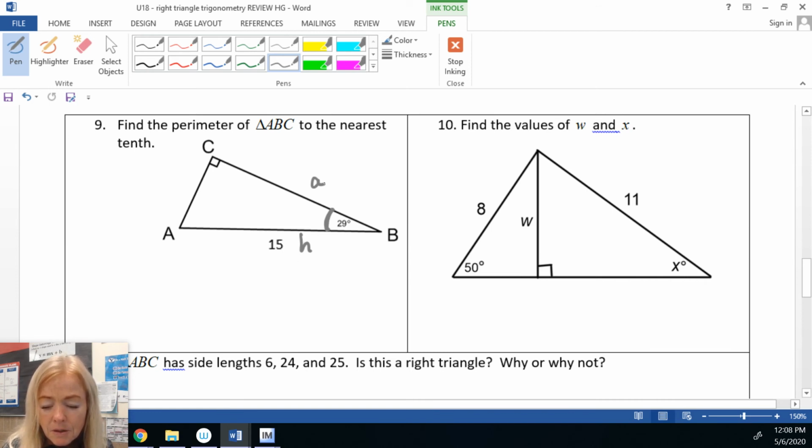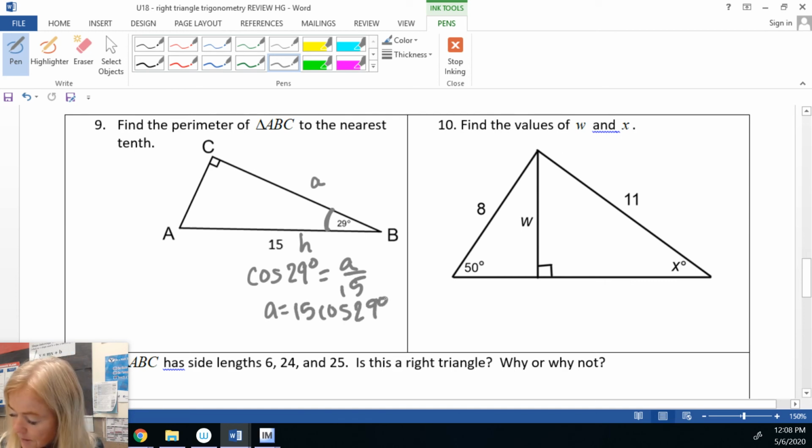So the cosine of 29 degrees is equal to adjacent over hypotenuse. So A is going to be 15 times the cosine of 29 degrees. 15 cosine 29 is 13.1.